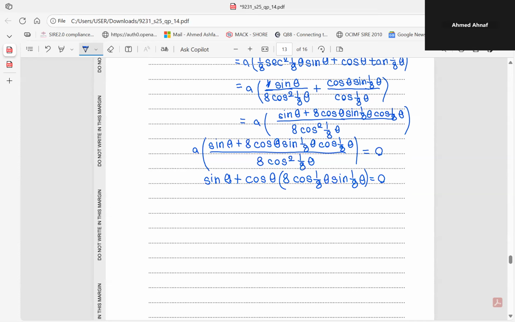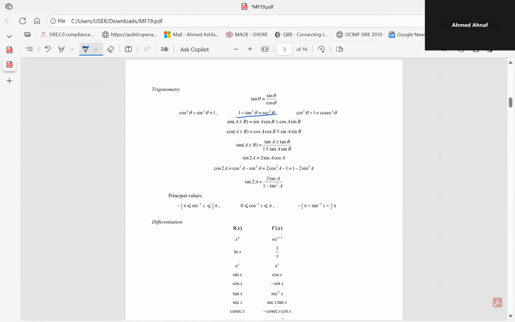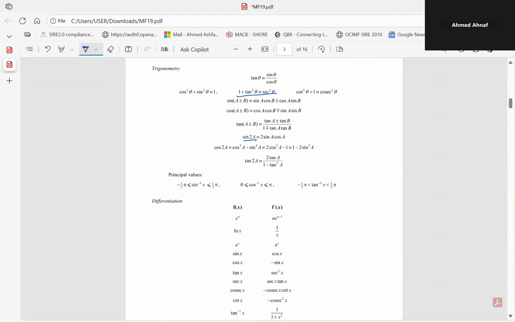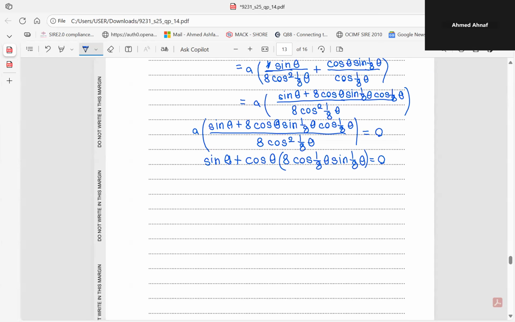Okay. Now to simplify this, let's look at our double angle formula for sine. So sine 2A is equals to 2 sine A cosine A. So let's factor out 4 from here to get 2 cosine 1 over 8 theta sine 1 over 8 theta equals to 0.